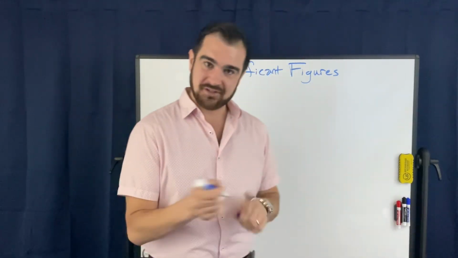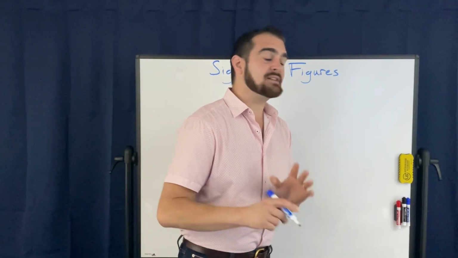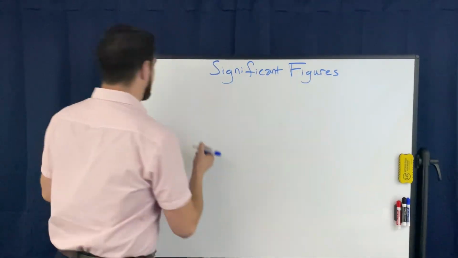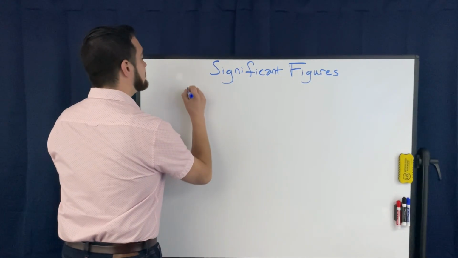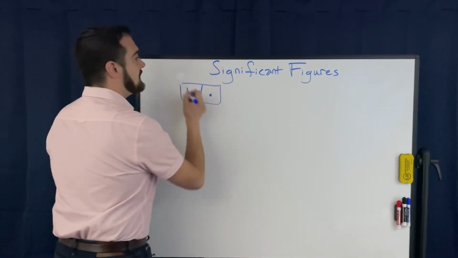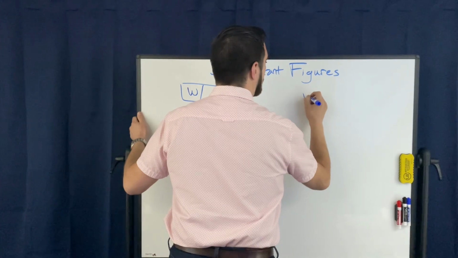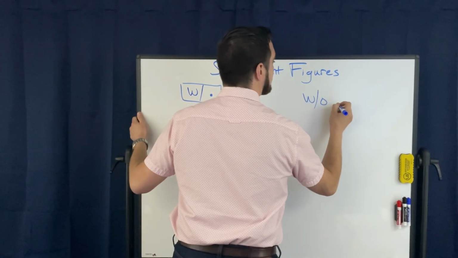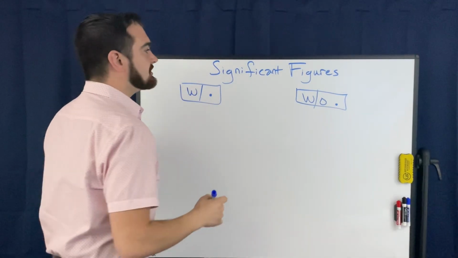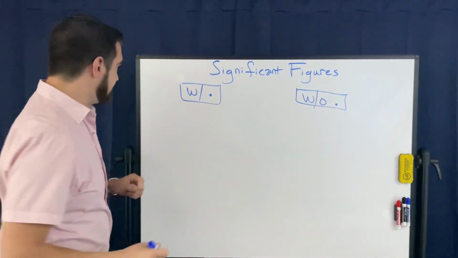So let's talk about the two scenarios. One of them is numbers that have a decimal point somewhere in the number. Doesn't matter where it is. So we have numbers with a decimal point, and then we have numbers without a decimal point, right? And let's look at some examples for them.